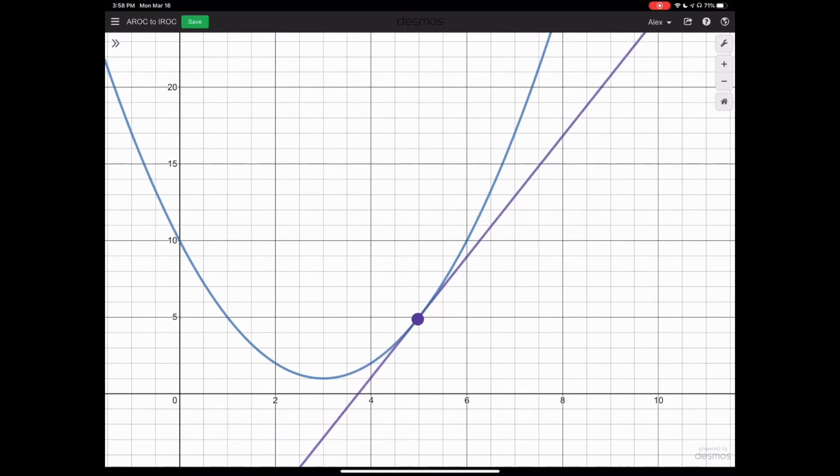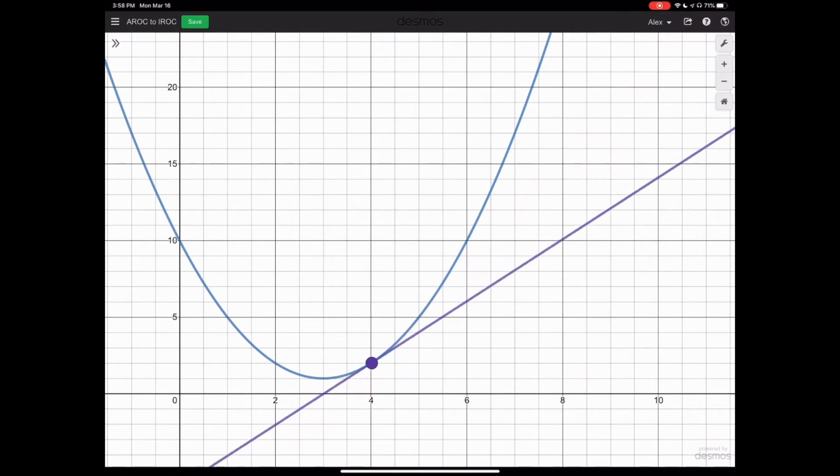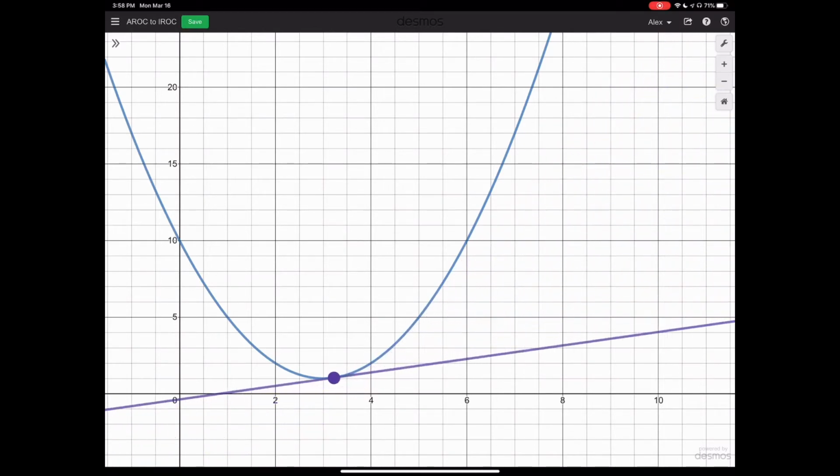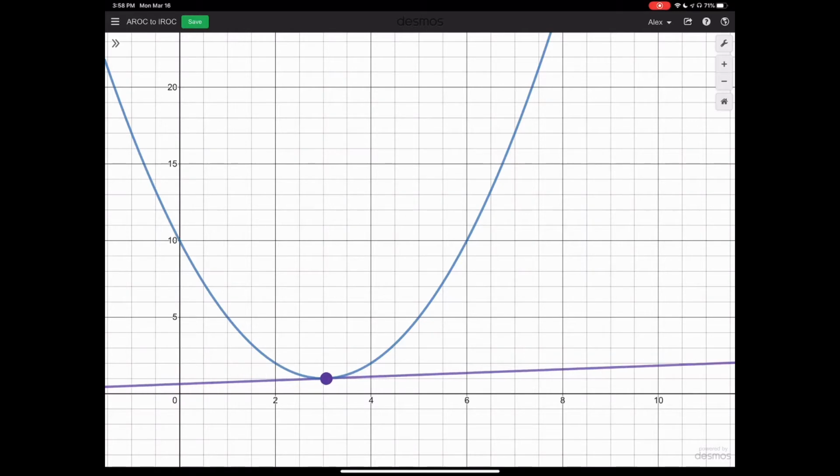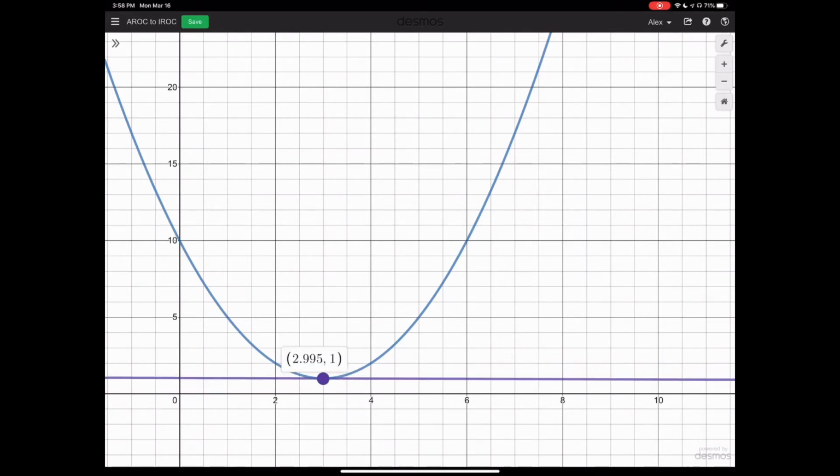Notice that as I get closer and closer to the vertex, where the graph is slowing down and begins to stop changing, my slope is flat, specifically around 3 comma 1. There we go. The line is perfectly flat because we've reached rock bottom.